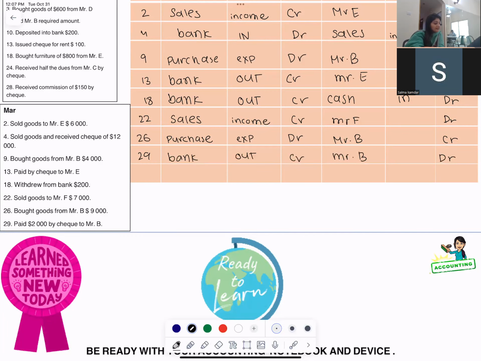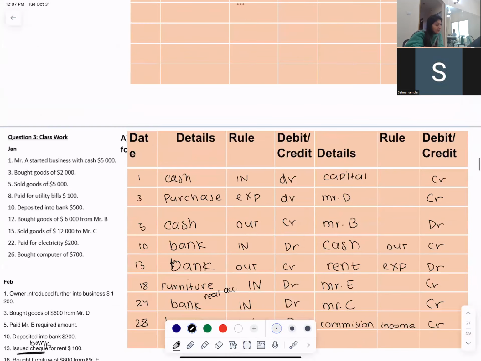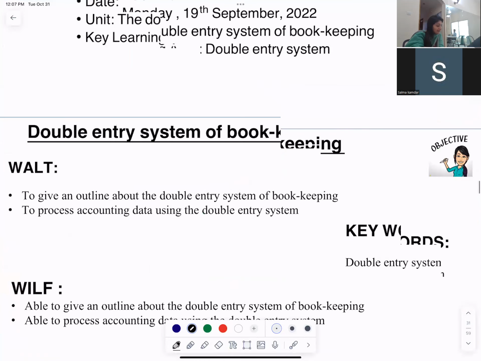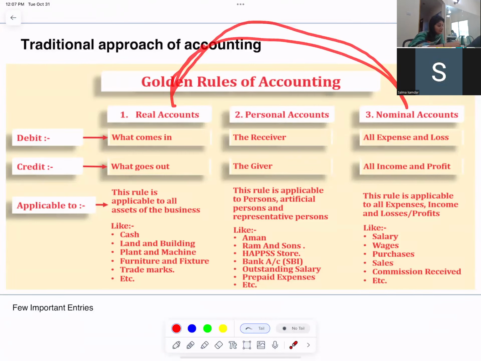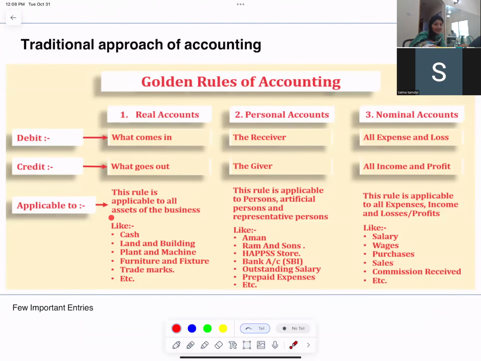So we have completed the basic journal entries. What you have to do is revise the golden rules. There are three types of accounts involved. Whenever there is a transaction, there will be two accounts involved, and the accounts would fall in the category of a real account, personal account, or nominal account. We would always first try to think from these points. Real account is the account of all the assets, such as cash, land and building, plant, trademark, goodwill, patent, copyrights.